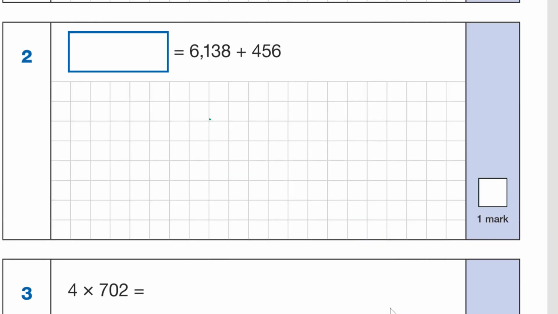Here we have something equals 6,138 plus 456. The important thing about this is to understand that when we have an equal sign, all it means is that everything on this side of the equal sign is the same as everything on this side of the equal sign.